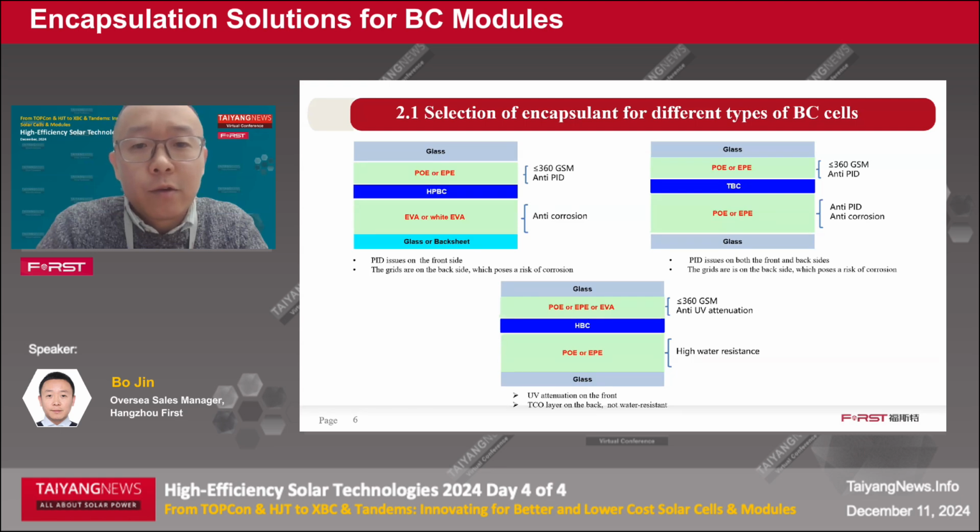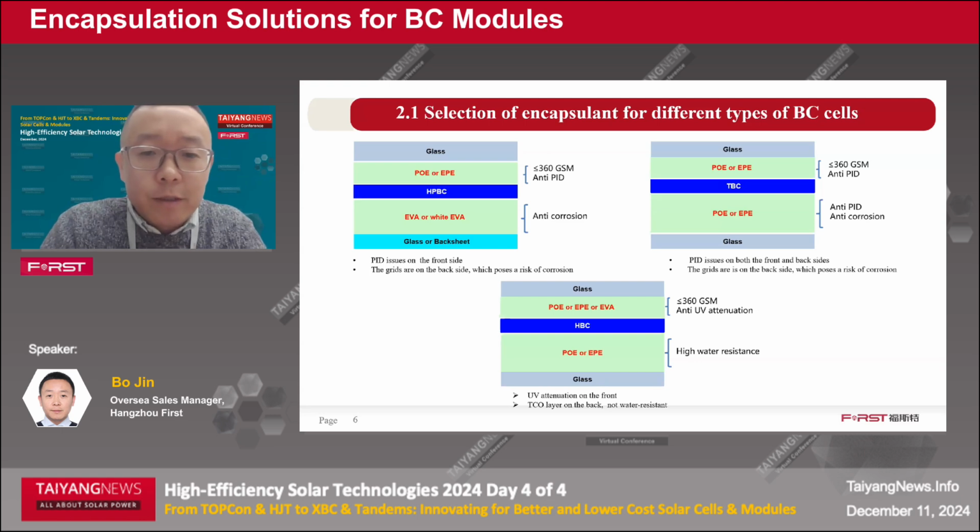It brings anti-corrosion property. And for the TBC module, it is normally glass to glass, and on the front side, POE or EPE is recommended, and again it can be thin and brings the anti-PID property, and on the back side it needs POE or EPE to offer the anti-PID and anti-corrosion property.